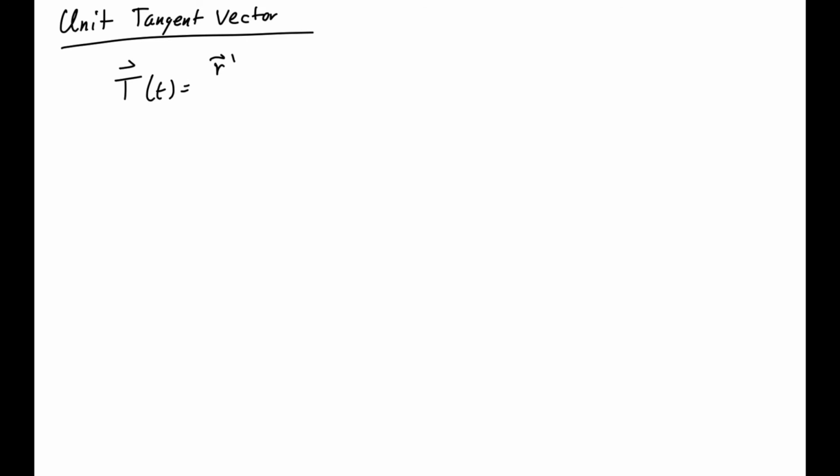You're going to take the derivative vector function and you divide by the length of that vector function. And I'm going to try to give you a general advice right now. If possible, evaluate first.